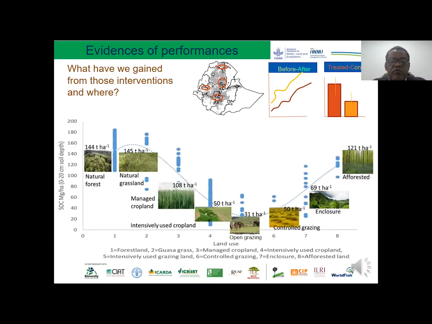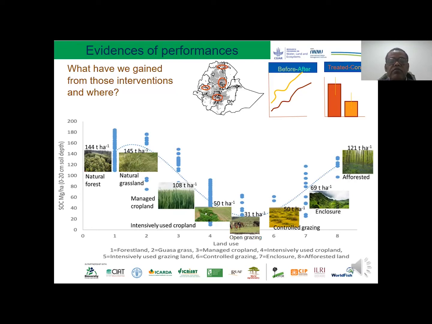For example, how maintaining intact natural forest can benefit carbon sequestration, and how degraded landscape can lose a huge amount of carbon, was demonstrated by work across the country from different regions. A large number of data sets were collected following a land use chronosequence.